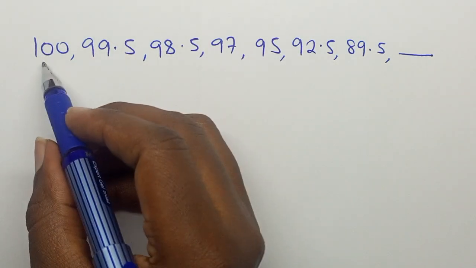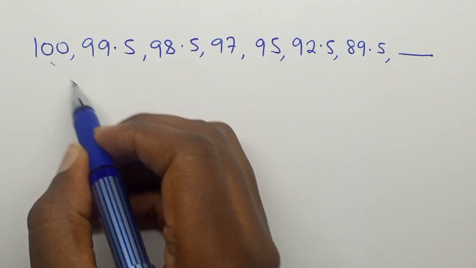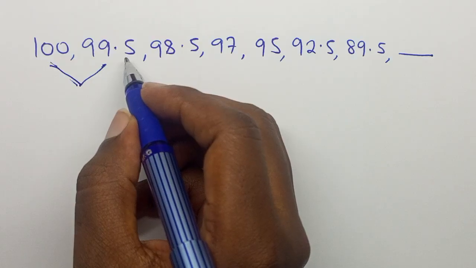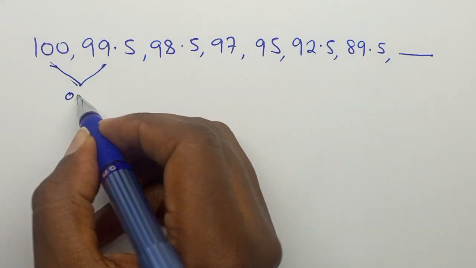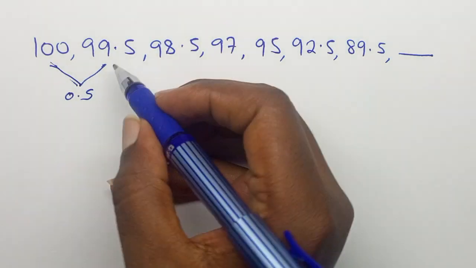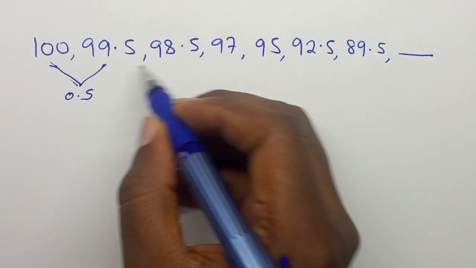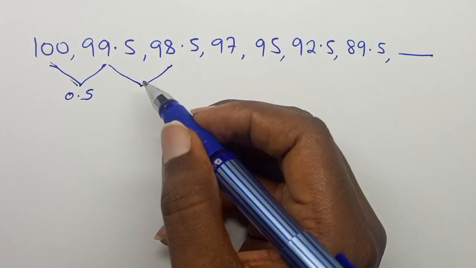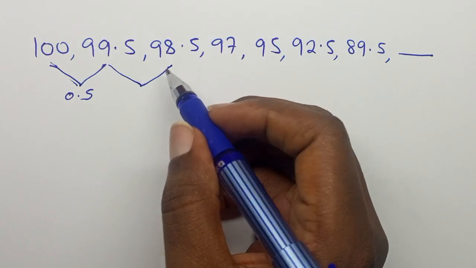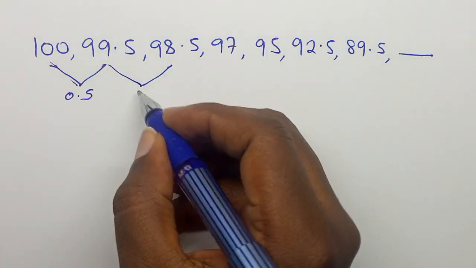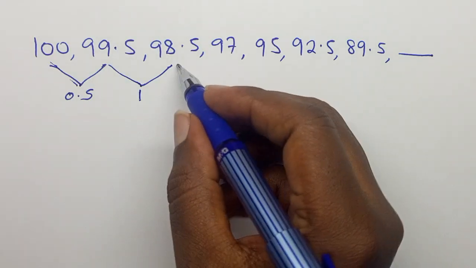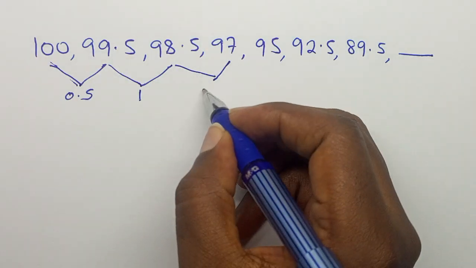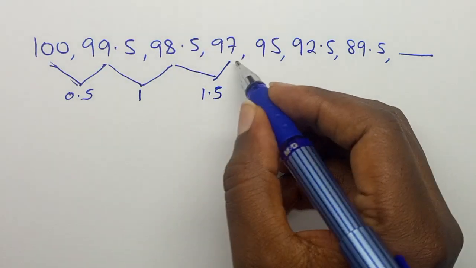By what number was 100 decreased to get 99.5? It was decreased by 0.5. By what number was 99.5 decreased to get 98.5? This minus this is 1. Let's see here. This minus this is 1.5.